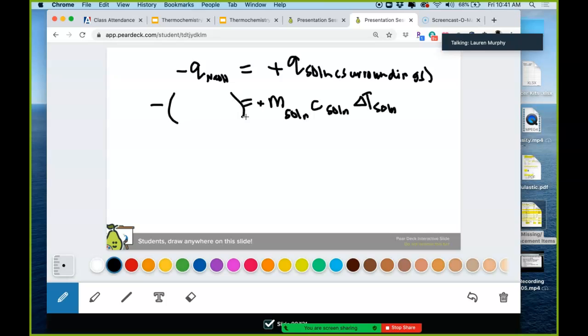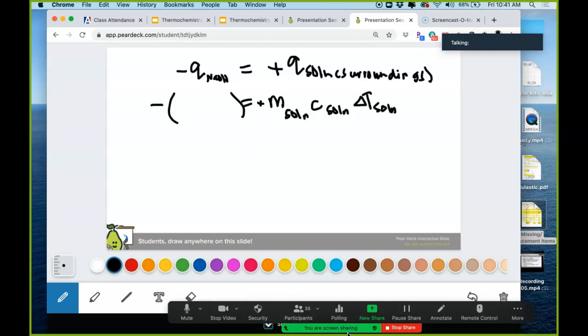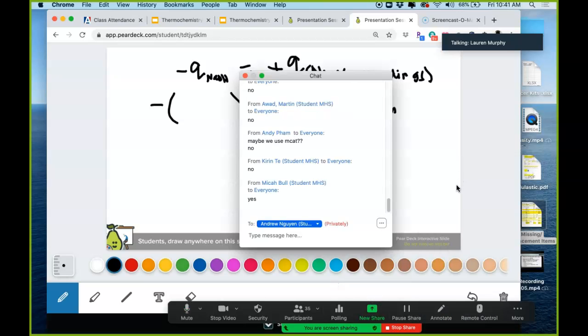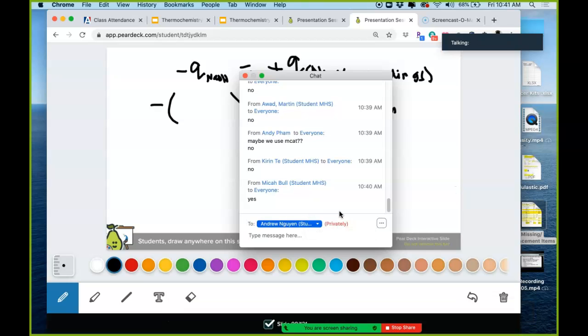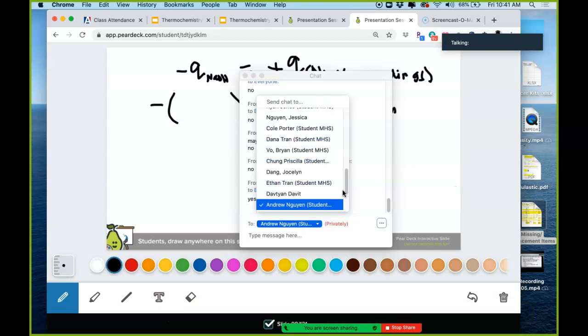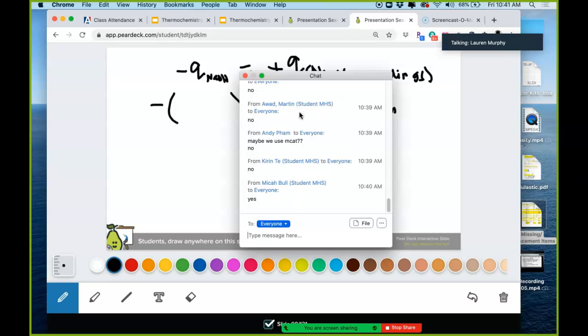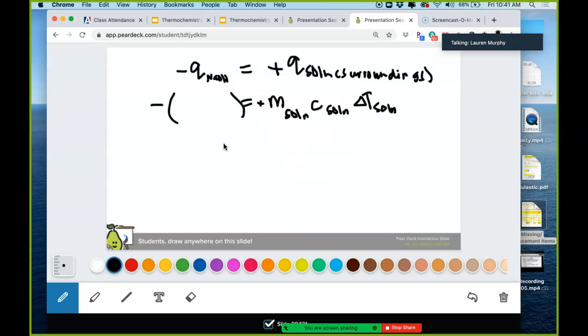Now, do they give you MCAT for Q? Do they give you delta T for the sodium hydroxide or the system? So this is what's harder. I guess my question is, what is the Q of the system?